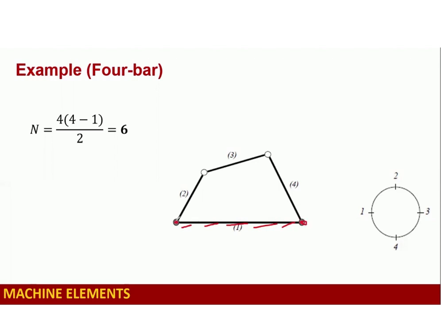Thus, the intersection of link 2 and link 1 is our instantaneous center I12. And then in your instantaneous center circle, you connect the numbers 1 and 2.